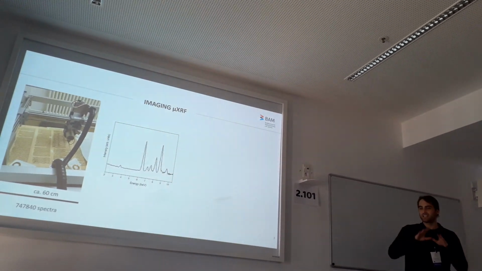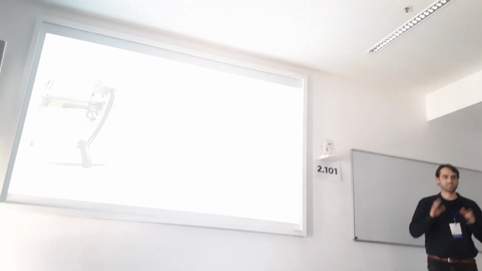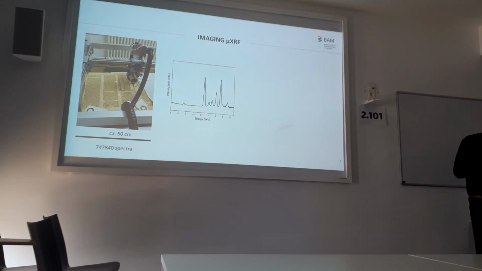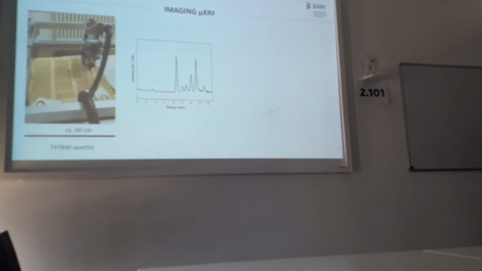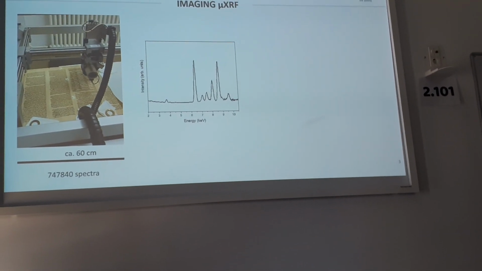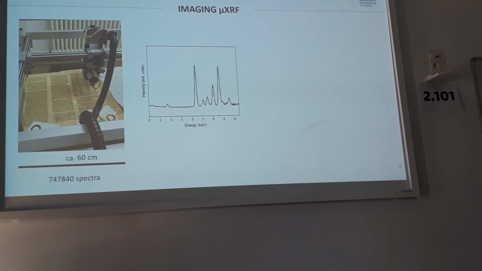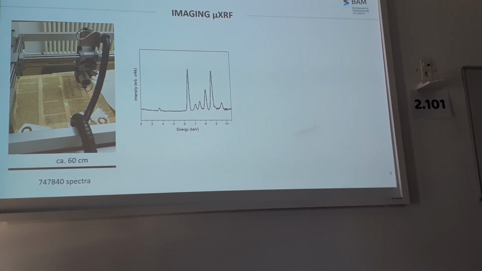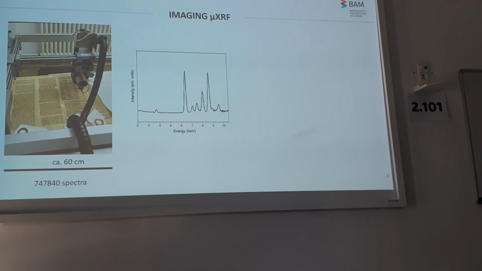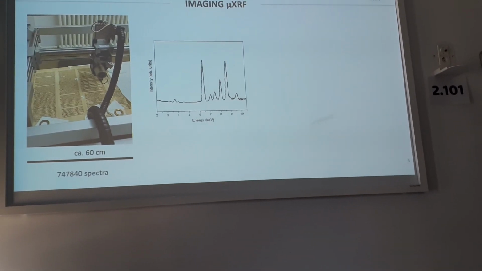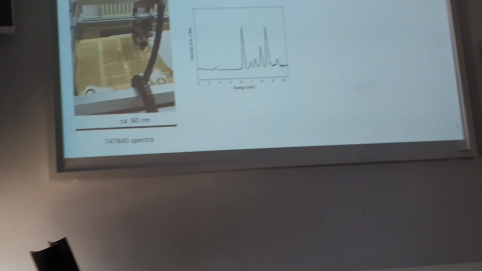You already received a little introduction to the XRF technique, which gives us information about the elemental makeup of the material which we are studying. In principle, with XRF, we collect a spectrum, and in this spectrum, the energy informs us about the elements which are present, and the intensity of the signal gives us an idea about the abundance of the elements present in the sample.